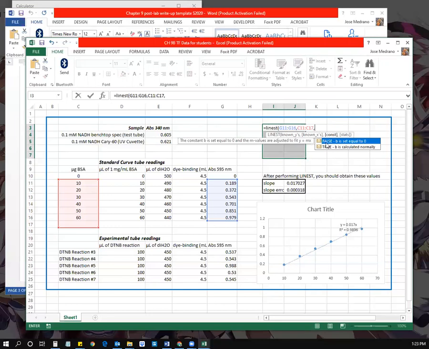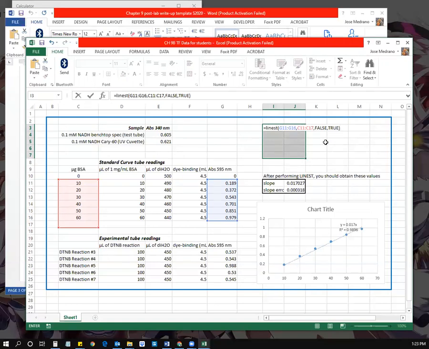And so what we don't want to do is we don't want to add a y-intercept into our error because that's not what we have in our slope. So I'm going to put false here for that part there. And for the stats, I'll just go ahead and put true because I do want additional statistics aside from just the slope.